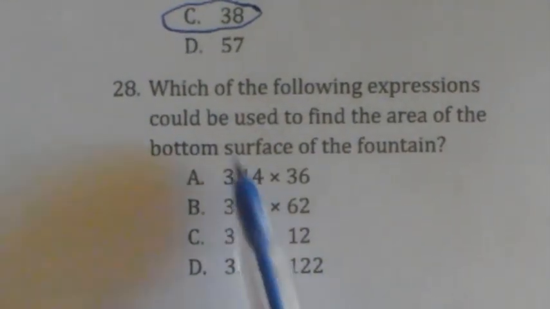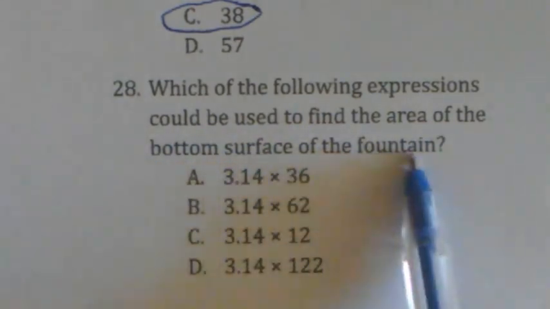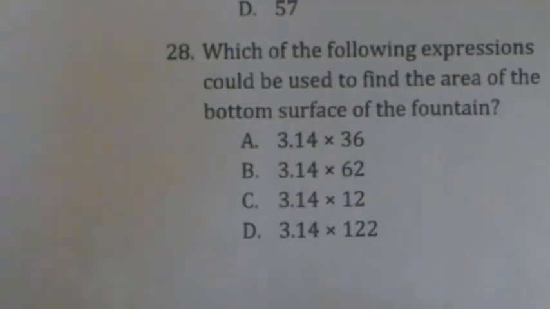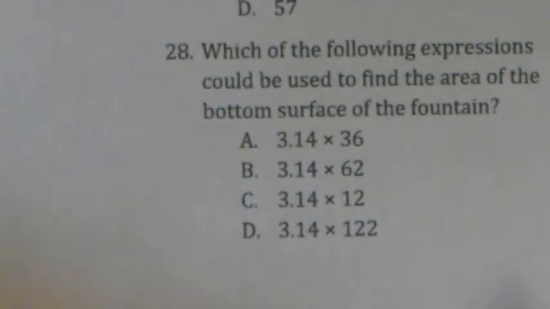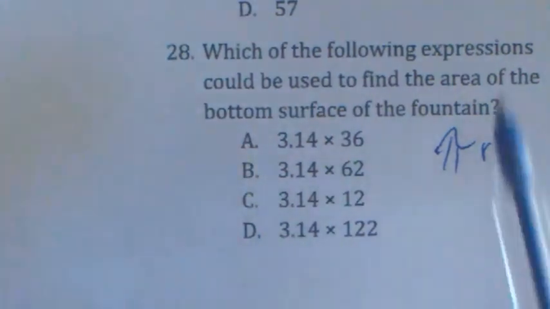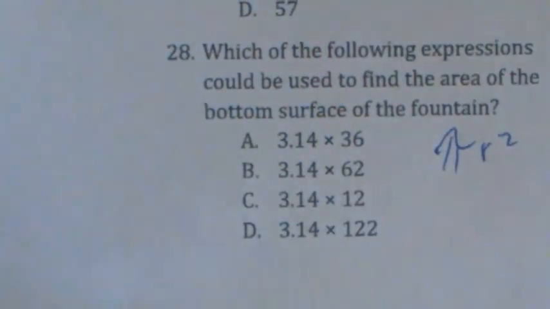Which of the following expressions could be used to find the area of the bottom surface of the fountain? How much fills in the fountain there on the bottom? Like if you wanted to paint the bottom or put tiles on the bottom. Okay, so what's that going to be? Pi times the radius squared is the area. Well, we know the diameter is 12. What's the radius?